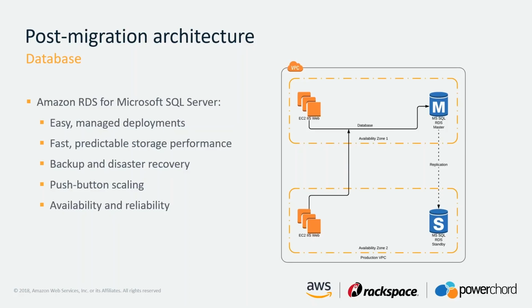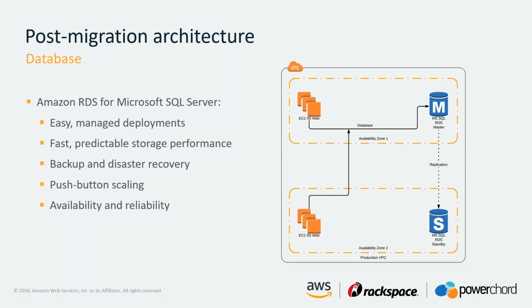You can keep track of what's happening with the instances easily through CloudWatch. You get automatic software patching, and AWS managing the operating system and things like that really takes that load off. I know that Michael has talked consistently about how cycles were freed up for their DBAs, and that allowed Powercord to focus on the application itself, which is really important.